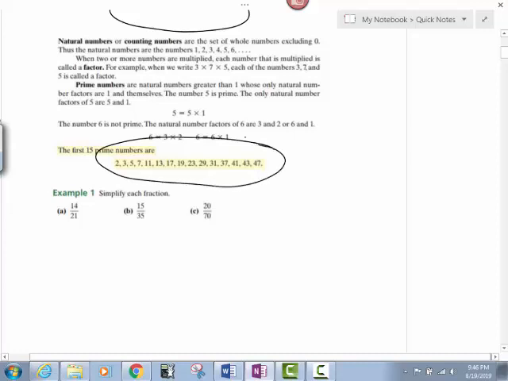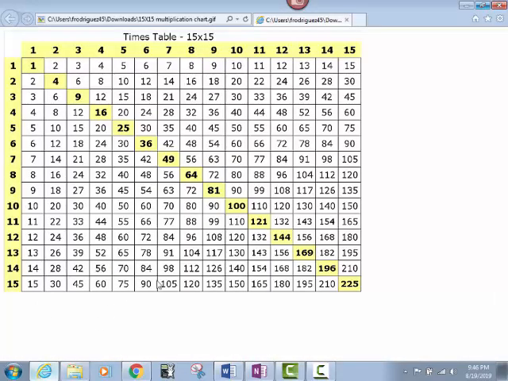The first couple of problems we're going to deal with here refer to simplifying fractions. Simplifying fractions just means we're going to try to reduce those fractions. So one thing we can do is ask: 14 and 21, do they have any common factors? When I think about common factors, I'm going to pull up a multiplication table and look for 14 and 21.